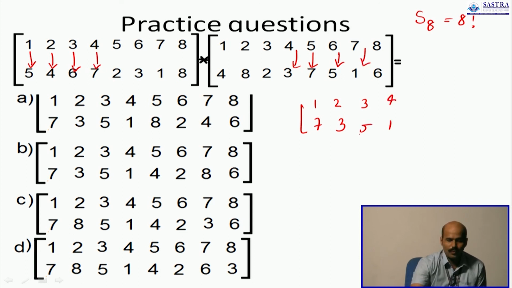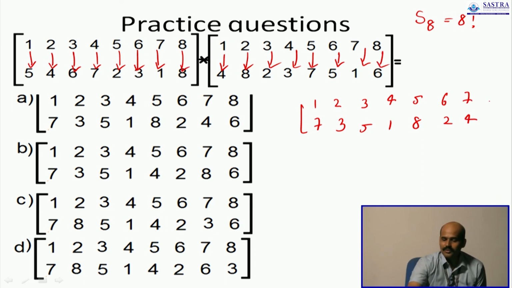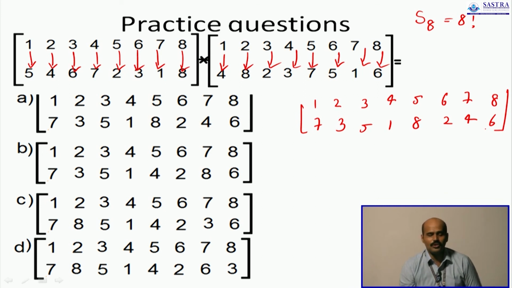So 4 goes to 1, 5 to 2 and 2 to 8. So 5 to 8, 6 to 3 and 3 to 2. So 6 to 2, 7 to 1 and 1 to 4. So 7 to 4. The last one 8 to 8 and 8 to 6. So 8 to 6. So this is the result of the binary operation on these two elements from S8.